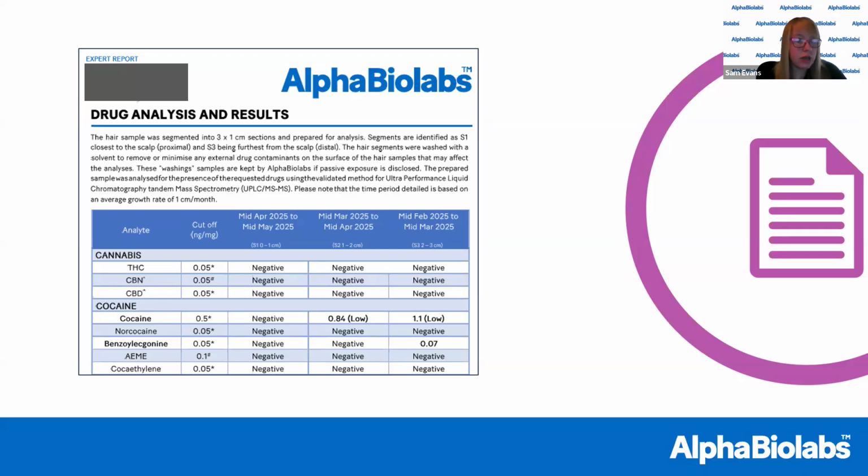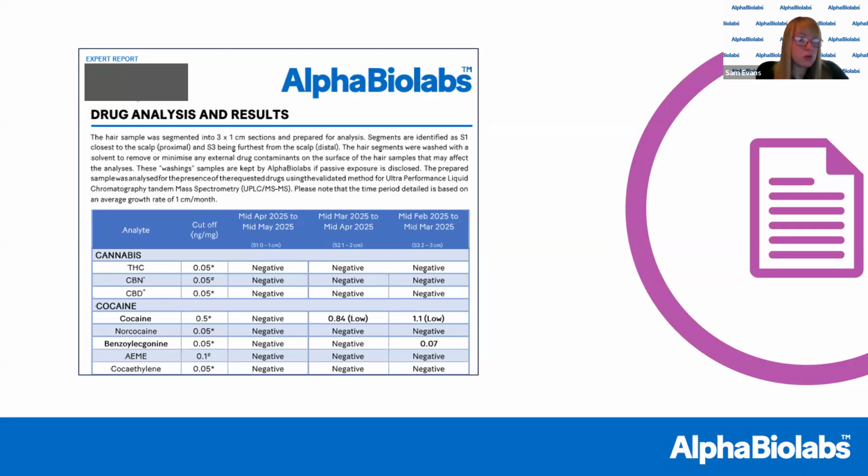Segment S2 showed cocaine alone above its cutoff with no BZE, meaning we cannot definitively confirm use just based on this segment alone. However, this segment corresponds to a time the sample donor has disclosed bleaching their hair. So bleaching itself can affect more polar metabolites like benzoylecgonine when compared to cocaine, and cocaine is more stable in the hair shaft.